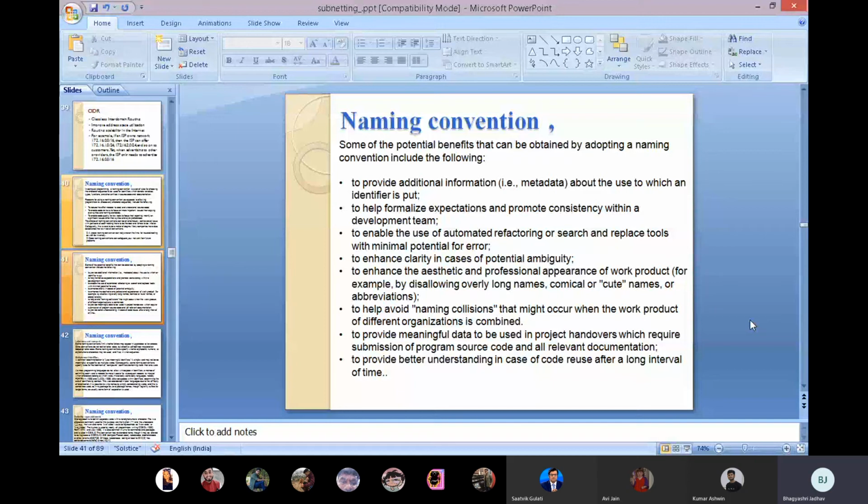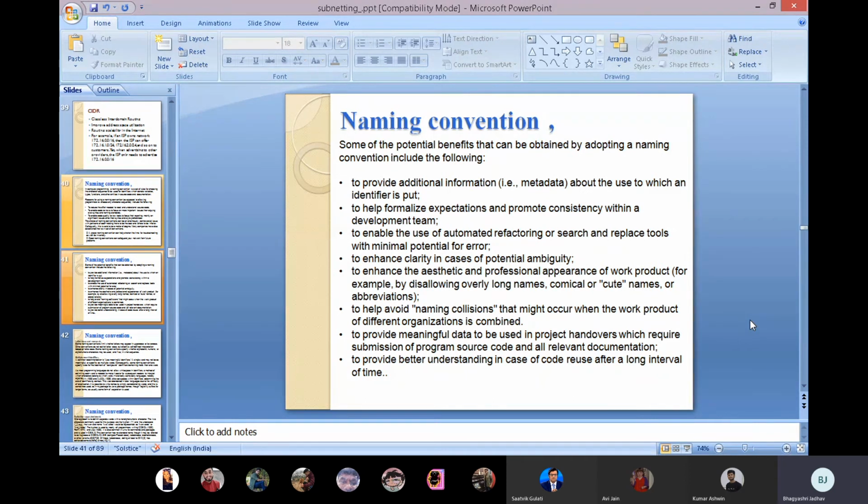Next is to avoid name collisions, duplication or replication of names that might occur when the work products of different organizations are combined. Then to provide meaningful data to be used in project handovers, which require the submission of program source code and all relevant documentation, and to provide a better understanding in case of code reuse after a long interval of time.